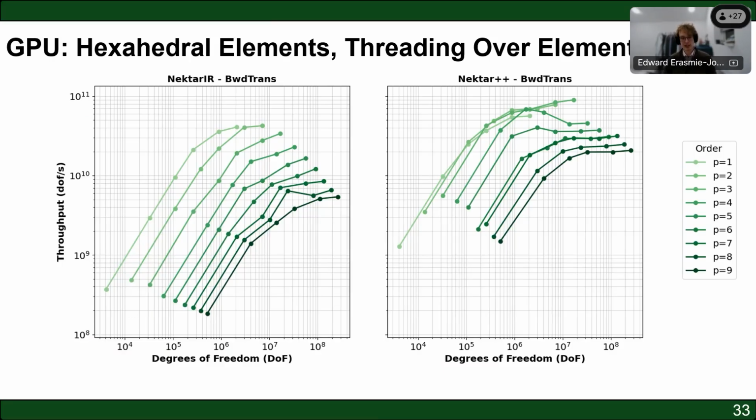So we're really highlighting here, rather than performance on the GPU, the fact that we're able to generate and execute these kernels from a single framework onto both CPUs and GPUs by only changing the pipeline. So this is with the threading over elements approach.